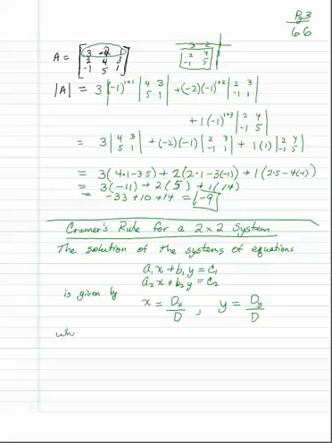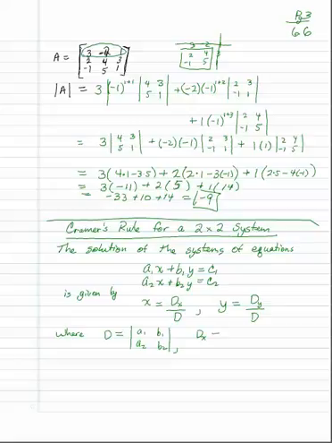where D is just the determinant of the coefficient matrix. So for x's, you've got a sub 1, a sub 2. For y's, you've got b sub 1, b sub 2. And D sub x, now this is the way I want you to think of it.